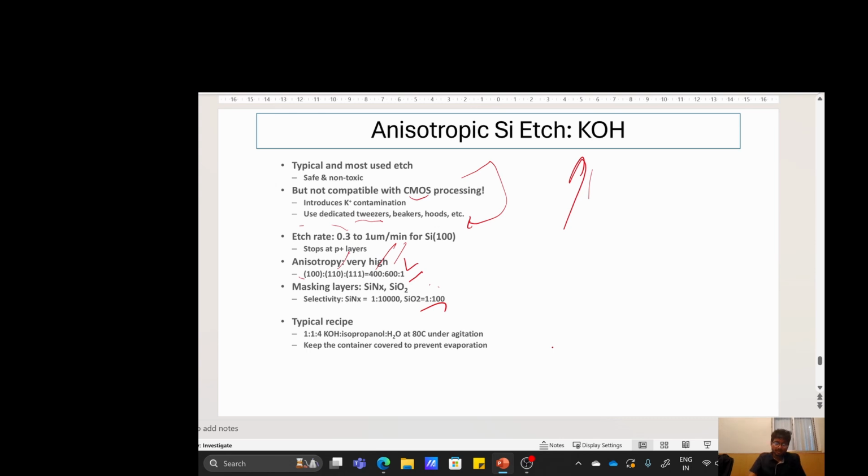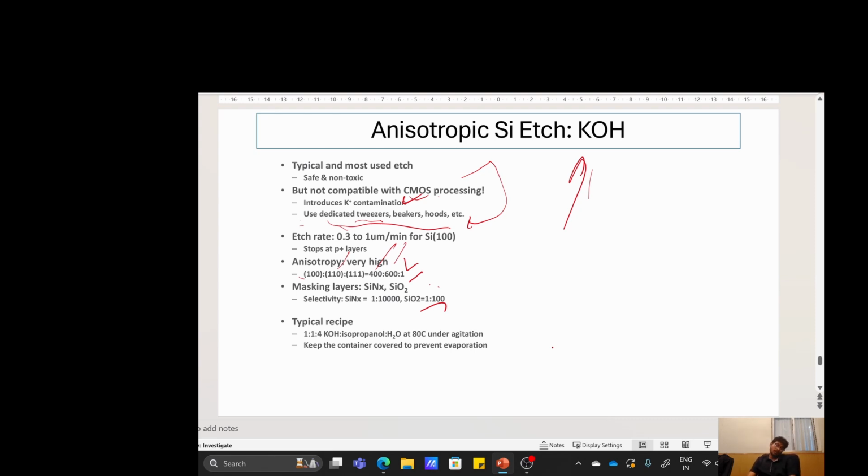With KOH you can etch, but because of the metal ion contamination you cannot use it for CMOS processing. So use dedicated tweezers, beakers and hoods; no metallic tweezers. And beakers like soda lime glass you cannot use because there is sodium in them, so you need to use quartz beakers for that.